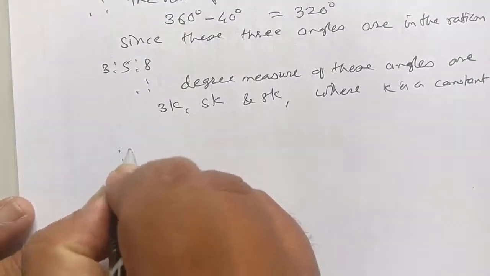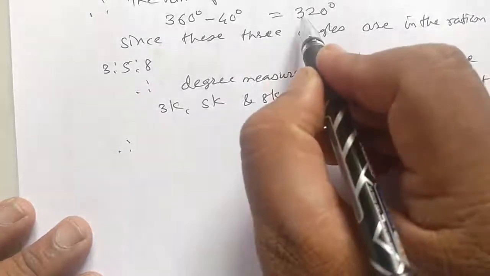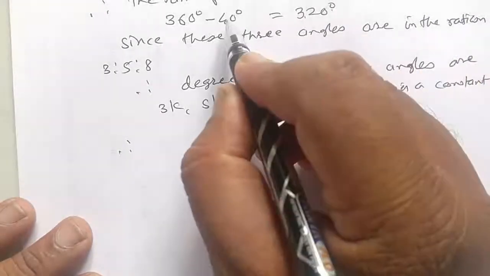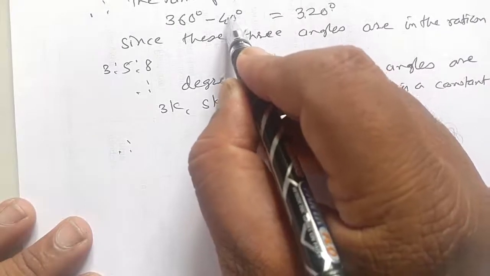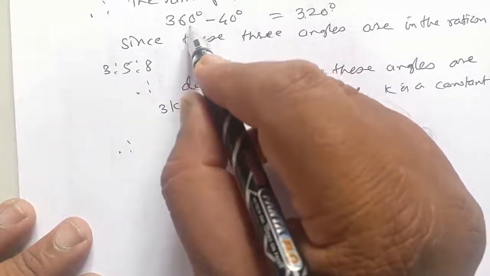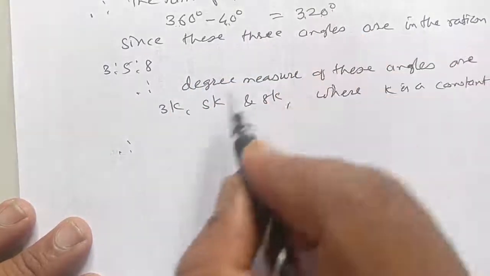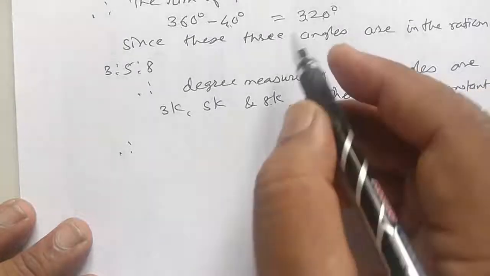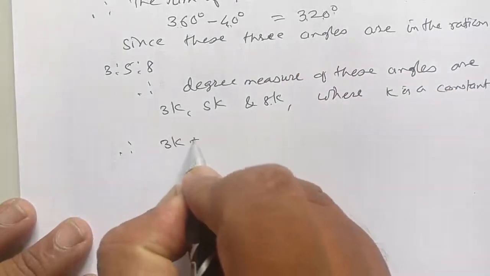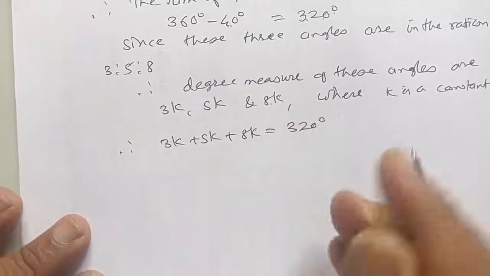Now their sum is equal to 320 degree. We have deducted 40 degree from 360. Total sum of the angles of a quadrilateral is 360. Subtracting one angle, we get 320. These are the three remaining angles. So 3K plus 5K plus 8K is 320 degree.